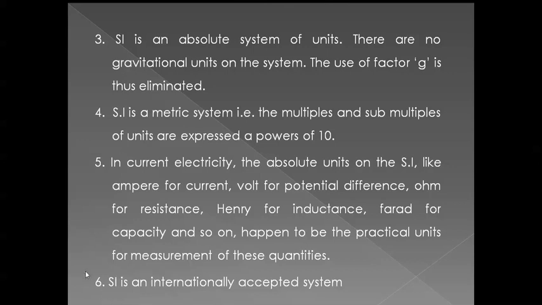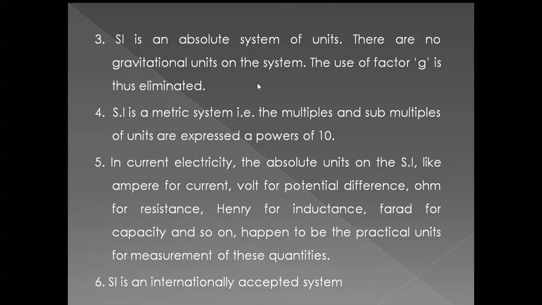So this is about the advantages of the SI system. The first advantage is that it avoids confusion. It is coherent. Some advantages I have not written here: the units are well defined. The characteristics themselves are advantages, which we discussed in the last class.